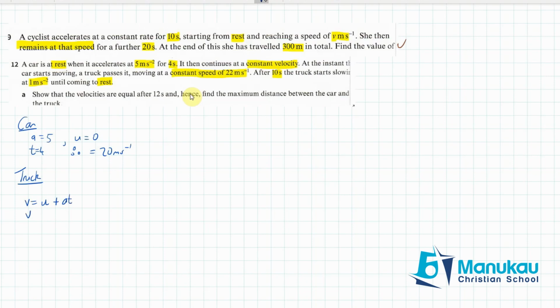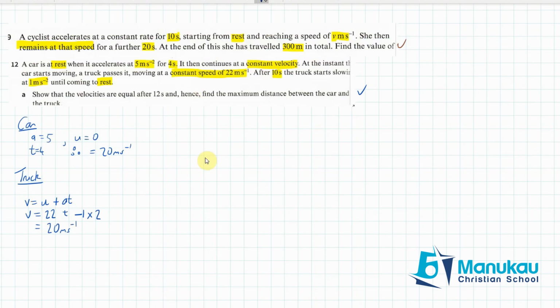Now, v is what we're wanting to find. It is at 12 seconds. We know its original speed is 22 meters per second, and we know that it's slowing down at 1 meter per second squared, and we know that it does this for 2 seconds, and that will get us to 12 seconds. So altogether this is going to give us 20 meters per second. So we have now proved that they are equal at 12 seconds.